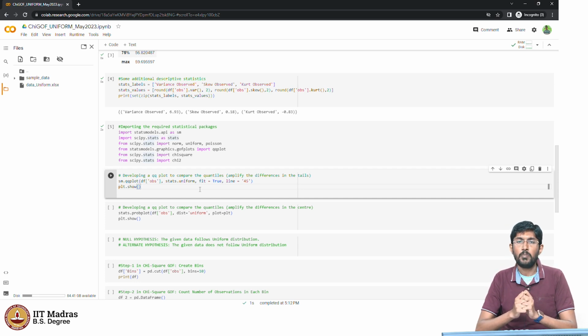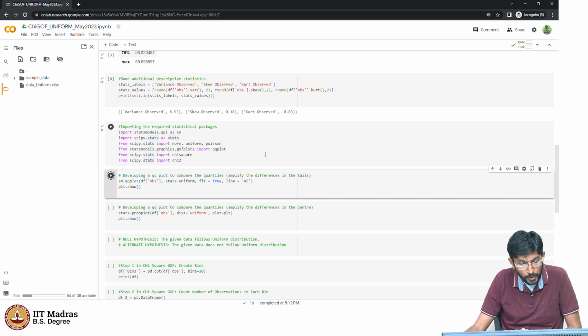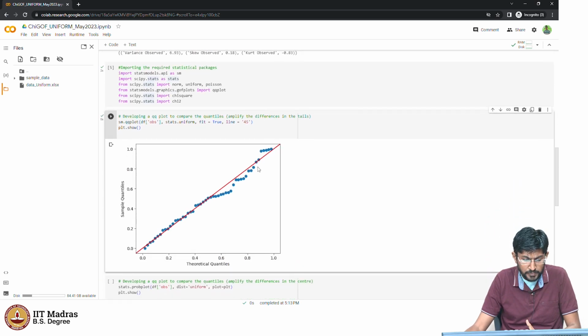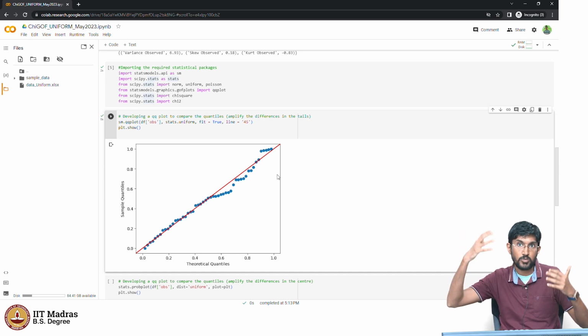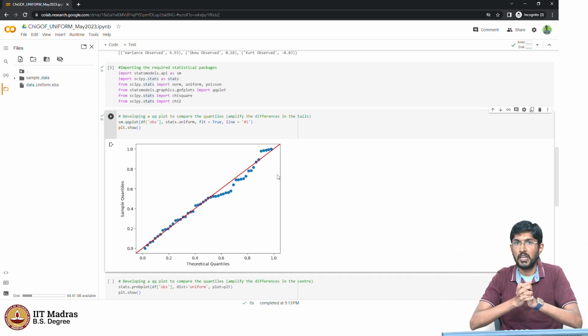The quantile plot is going to check whether the observed distribution and the theorized distribution are matching in their tail portions, right? So if I plot a QQ plot, and all of these values fall on this 45-degree line, then my theorized distribution and the actual distribution are matching perfectly.